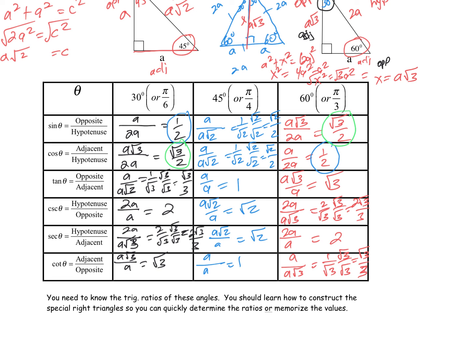And if you think about 30 and 60, these are complementary angles. So it looks like the sine of 30 is equal to the cosine of the complement of 30. And we're going to talk about more on the next page.